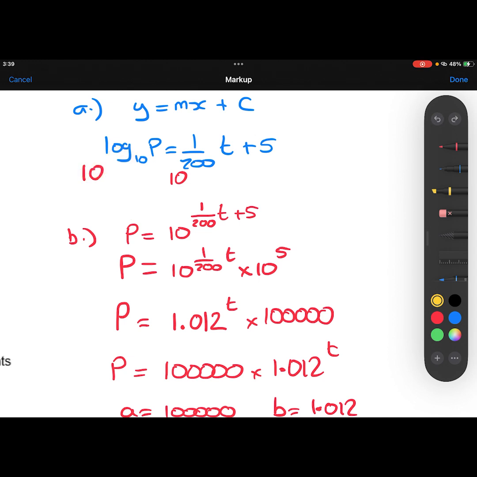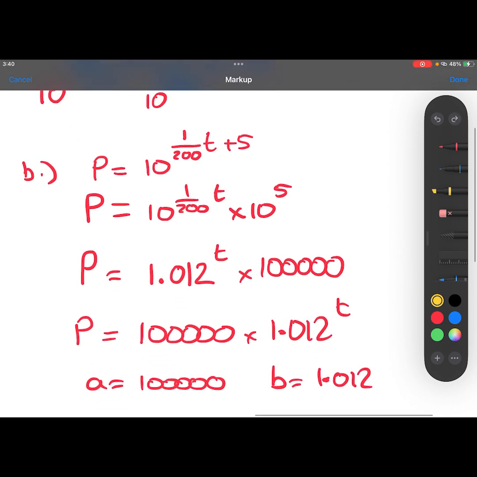On the right hand side, we've got 10 to the power of 1 over 200t plus 5. It's important to note that all of this will be in the power. But we can split this up with index laws, because if the powers are being added, I know the bases are being multiplied. So, p is 10 to the power of 1 over 200t multiplied by 10 to the power 5.